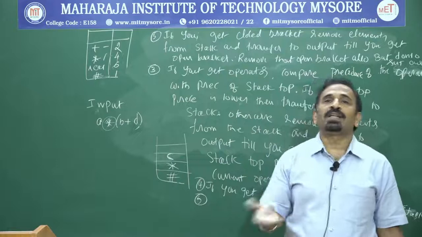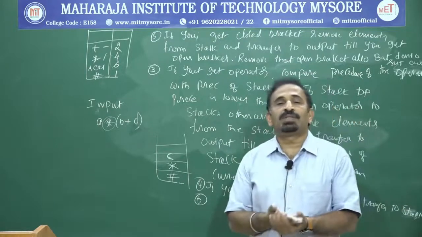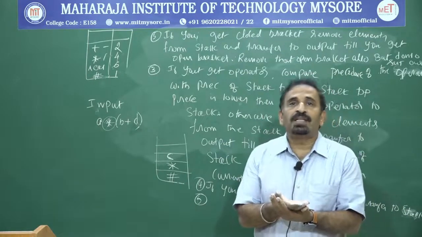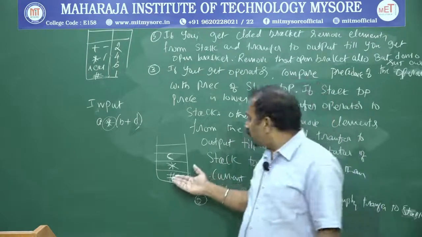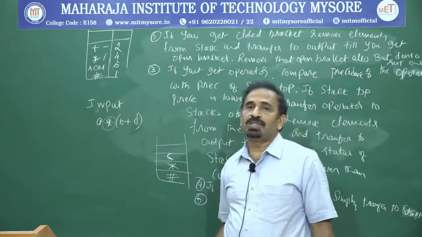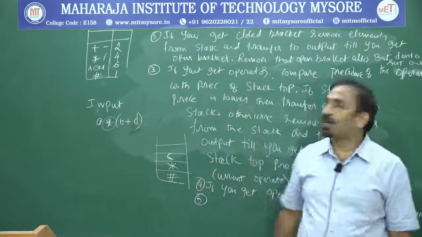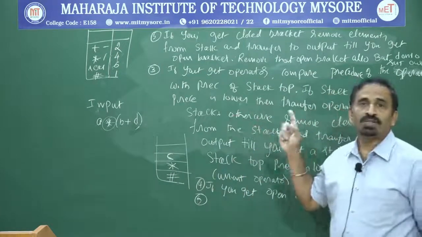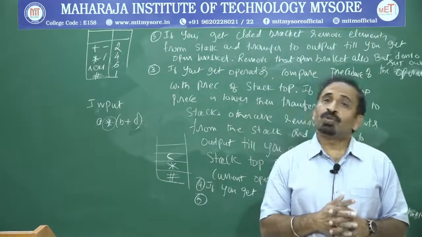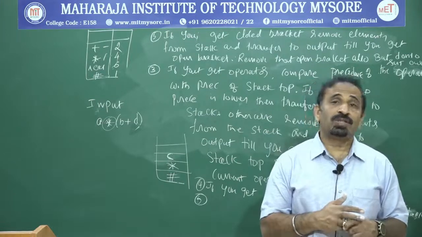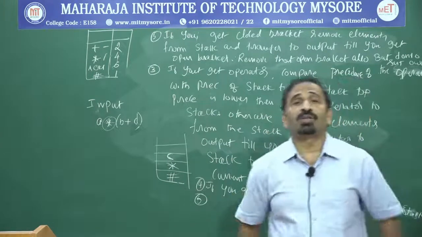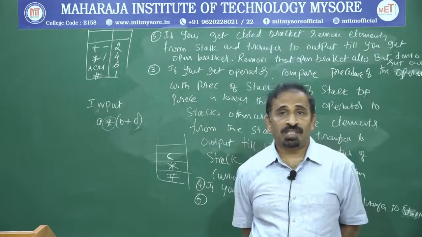Hash symbol is only the beginning. I have just put one hash symbol to indicate this is the beginning. Till you reach this hash symbol, you will be transferring everything into output, and what is there in the output is nothing but your final postfix expression. This is how we convert infix expression to postfix expression.